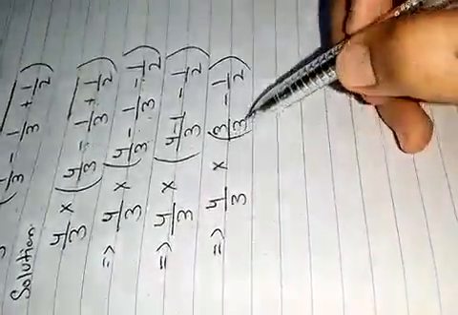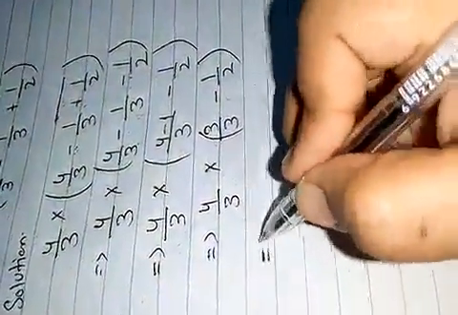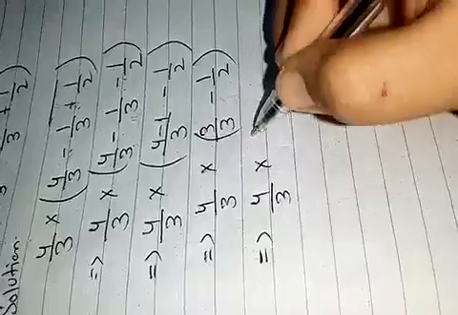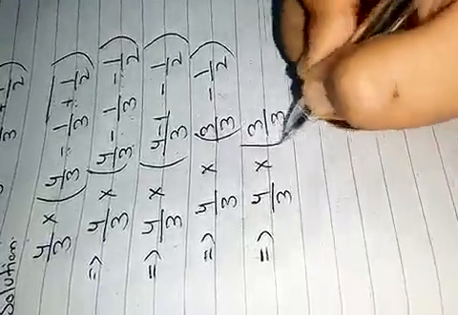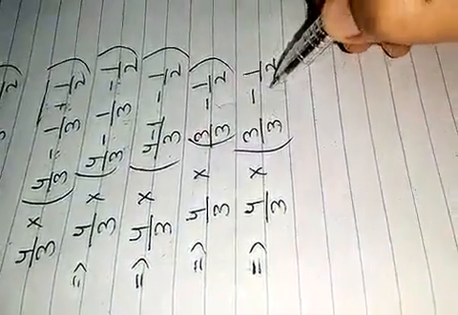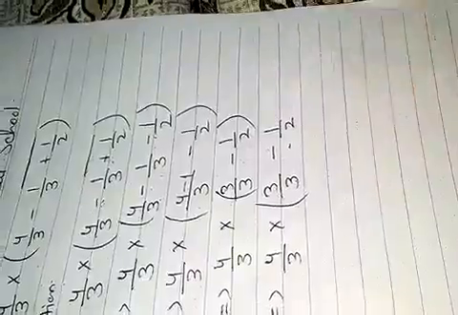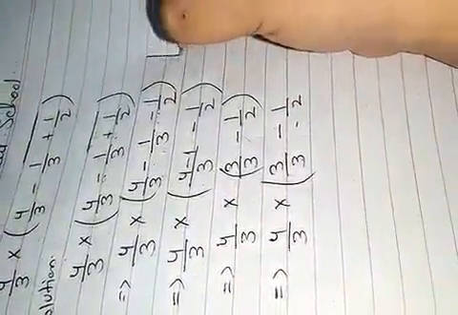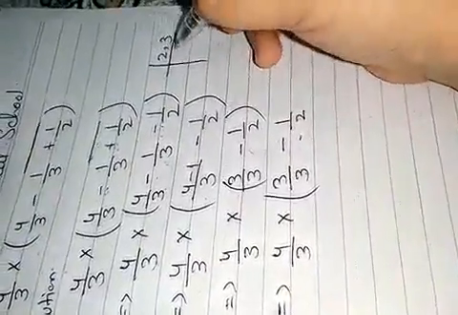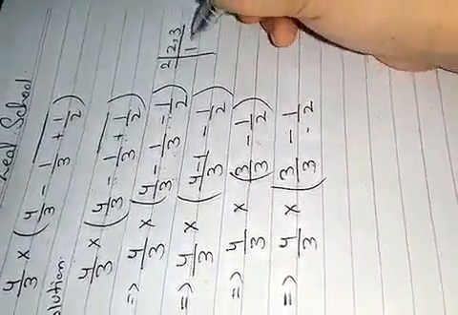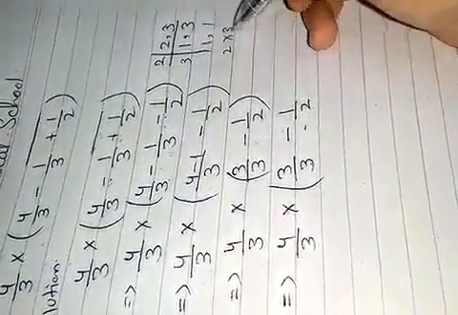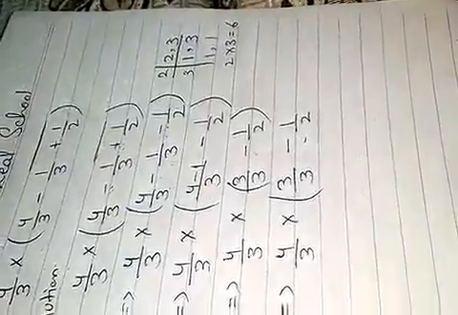Now we need to solve these two fractions, and for this we need to make the denominators the same. So we write 3 upon 3 in the bracket minus 1 upon 2. To make the denominators the same, the first way is to take the LCM of both numbers, 2 and 3, by the division method. 2 ones are 2 and we write 3 as it is, and 3 ones are 3. So the factors are 2 multiplied by 3, which is 6.